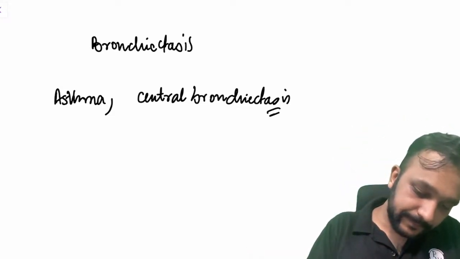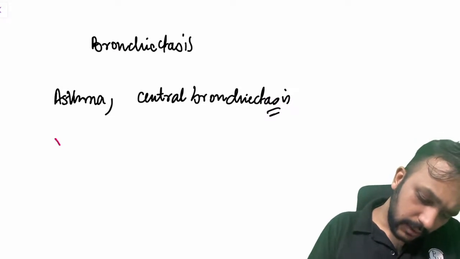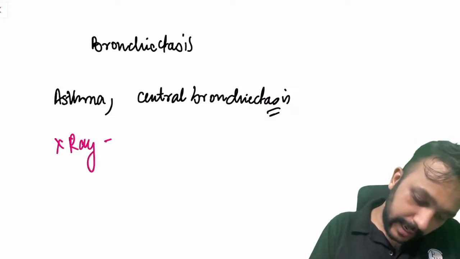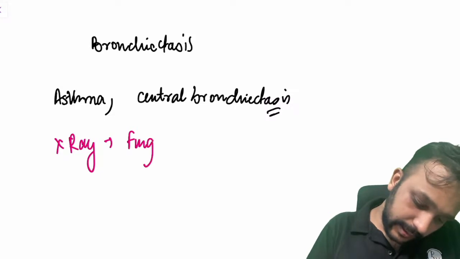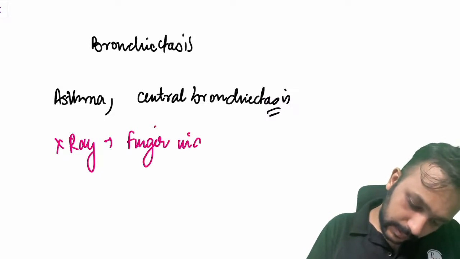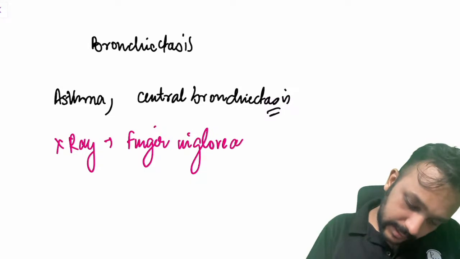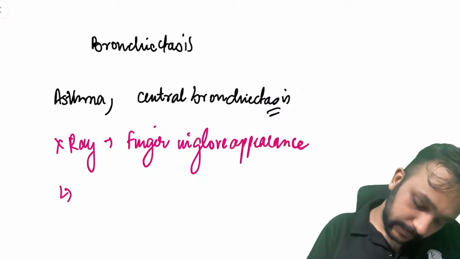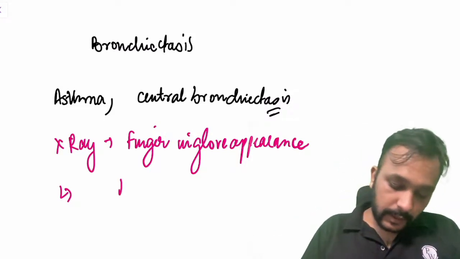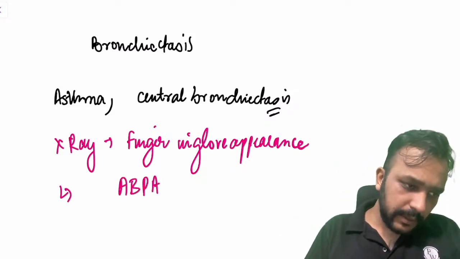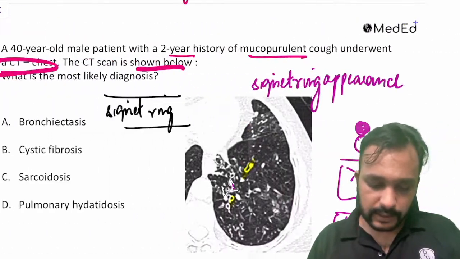On X-ray, you will see that there is a finger in glove appearance, and this finger in glove appearance will be seen in patients with allergic bronchopulmonary aspergillosis.